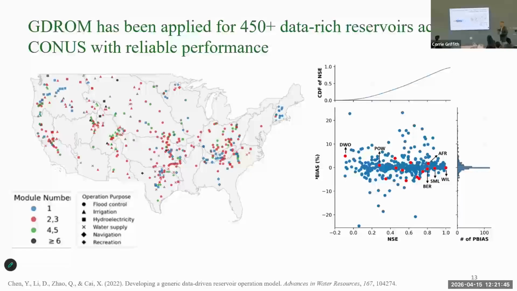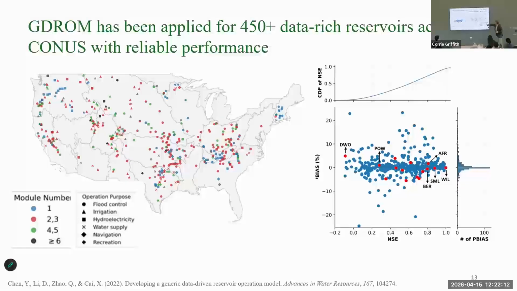We try to develop some basic modules for reservoir operation. What we found is that for many of these reservoirs, there is actually only one module. That means maybe the flow is constant, for recreation or irrigation purposes. The release is constant, a simple one.